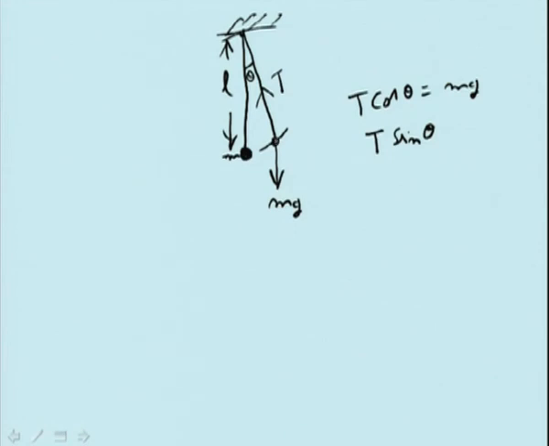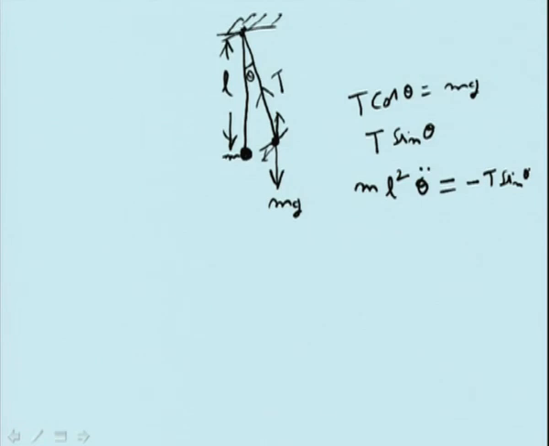The vertical component balances this, and the other component is T sin theta. Now if we take the moment about this point, then mass m, moment of inertia m l square theta double dot is equal to minus T sin theta.